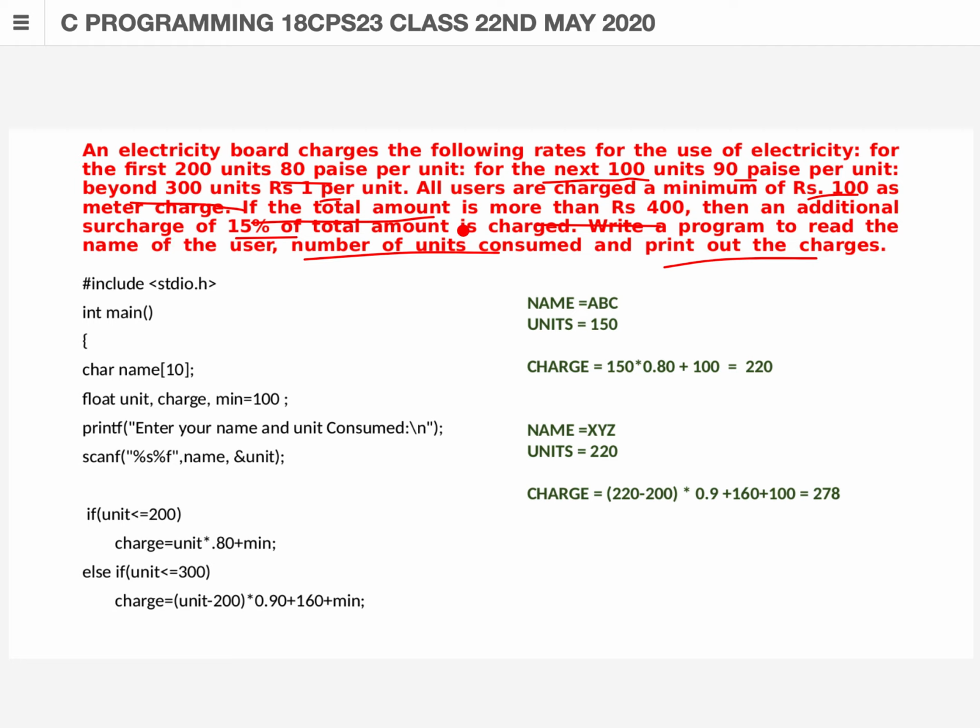The first input will be a name and the second input will be the units. Then, as per the question, we need to evaluate the charge for the number of units utilized by the concerned consumer.